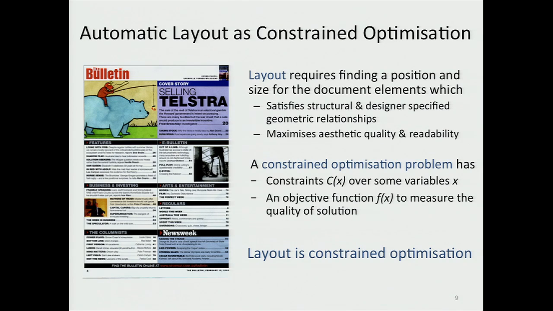So essentially we have variables which capture those geometric properties. We want a layout which satisfies structural and designer specified geometric constraints or relationships, which are just constraints on the values that those variables can take. And we also want something that will maximise aesthetic quality and readability, and we can encode that in an objective function. So layout is a constrained optimisation problem.